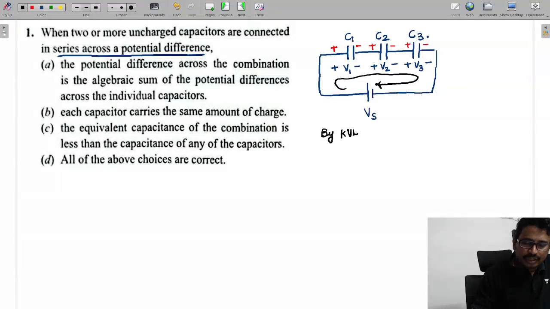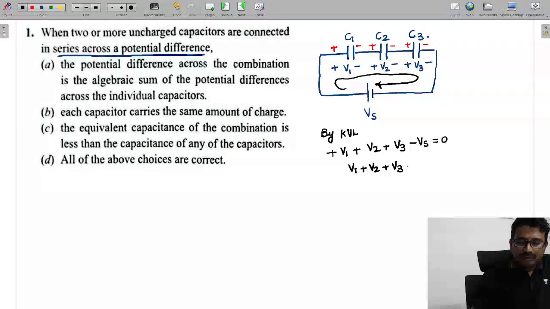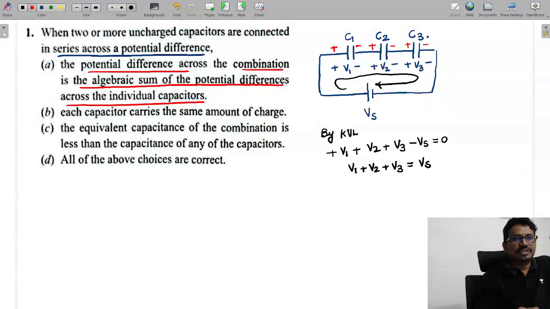So by KVL, V1 plus V2 plus V3 minus Vs is equal to 0. So from this I can say V1 plus V2 plus V3 is equal to Vs. Now you see the first statement: the potential difference across the combination is the algebraic sum of the individual potential differences across each capacitor, isn't it?